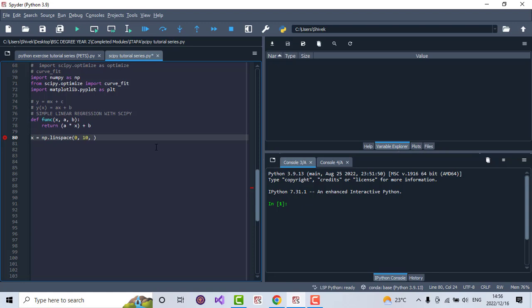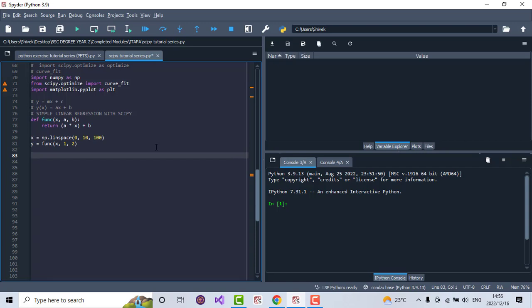It will generate numbers for us within the parameters that we provide. So essentially, between 0 and 10, I would like 100 numbers. And for the y values, I will call a function and pass x, 1 and 2. So the gradient of this graph will be 1, the y-intercept will be 2.